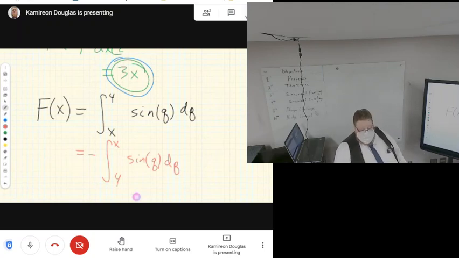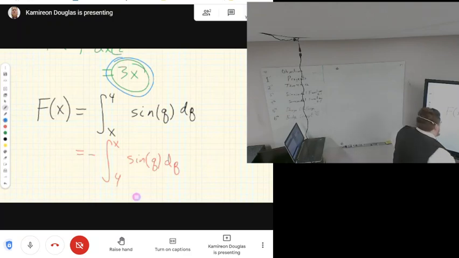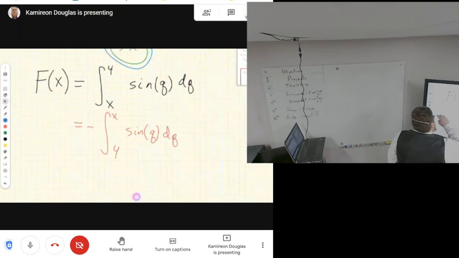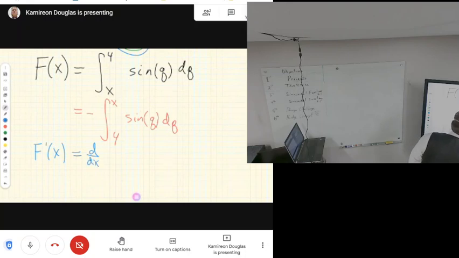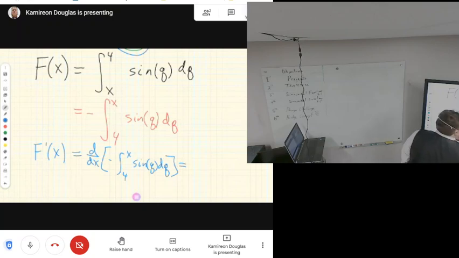So now that I want to find f prime, I can take the derivative of this function, use the second fundamental theorem of calculus, but I can shortcut it now. Because again, the derivative and the integral are supposed to cancel and change the variable. So f prime would become the derivative with respect to x of this integral, which would then become negative integral of sine.